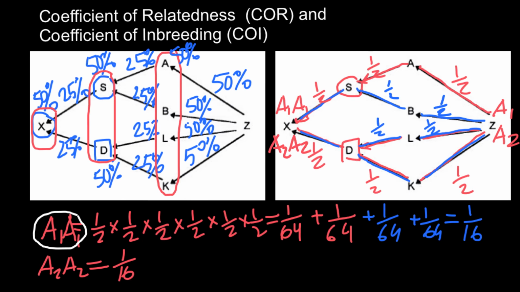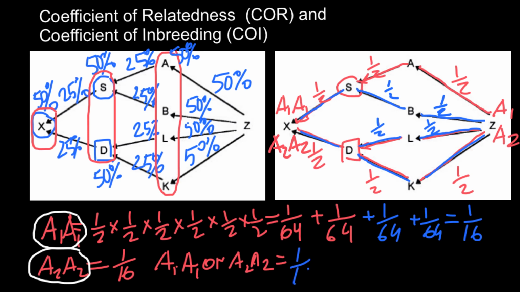So the total probability of him being homozygous, whether for allele A1 or allele A2, would be the combined probability of this individual being homozygous for A1 and A2 alleles. So the A1 genotype or A2 genotype probability would equal 1/16 plus 1/16.